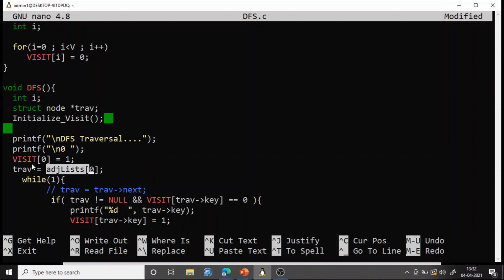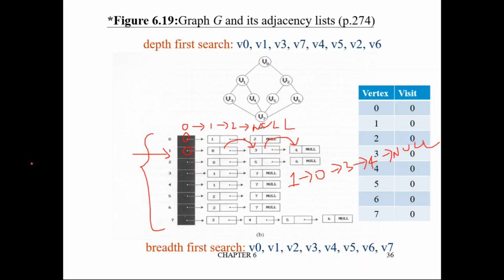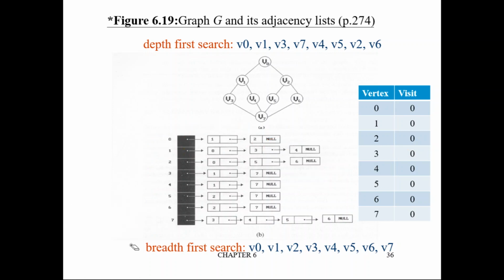What is adjacency list of 0? It contains some value. Actually, it is an address. It is pointing to node 1. If node 1's starting address is 2000, then adjacency list of 0 will contain 2000.